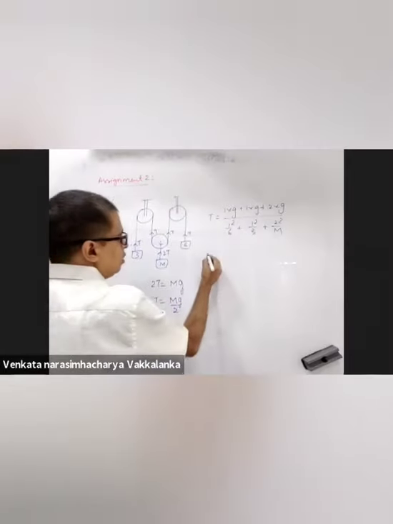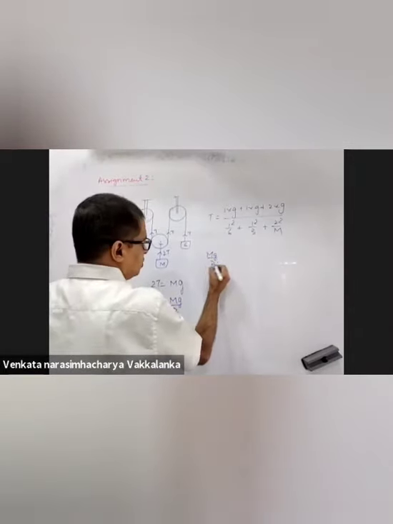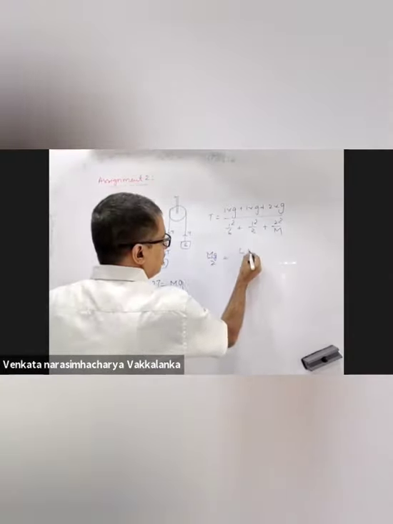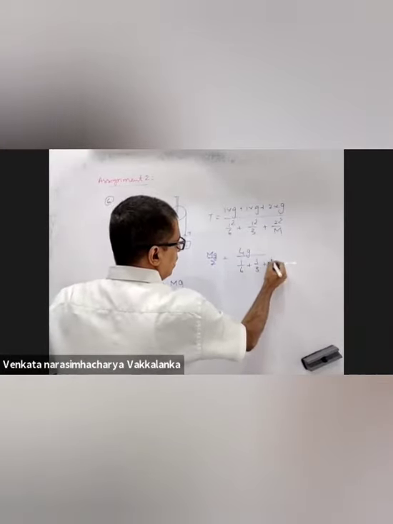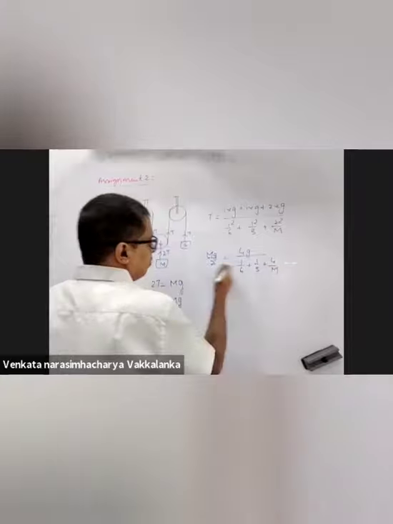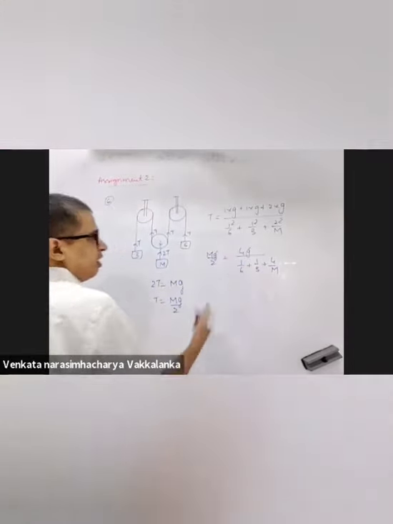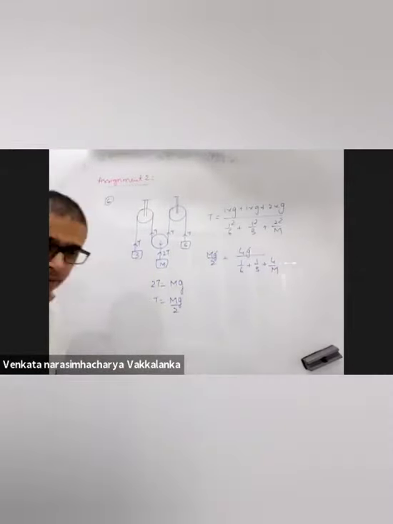Yes, sir. You substitute here mg by 2. This will be 4g by 1 by 6 plus 1 by 3 plus 4 by M. There is only one variable in this equation, capital M. Simplify, you get the answer.